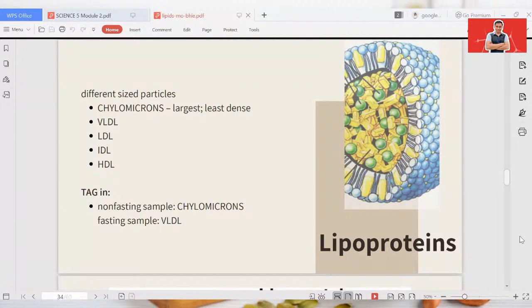Those cholesterols or lipid sources come from our diet. That is the exogenous pathway. While the endogenous pathway involves the cholesterol and other lipids synthesized by our body and transported to different tissues. So that is a recap of the exogenous and the endogenous pathway.